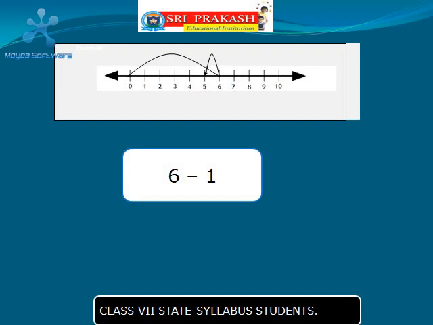So we reached at 6. The second number is minus 1. Minus means we should move towards left hand side by 1 unit or 1 space. So 5. So the answer for 6 minus 1 is 5.